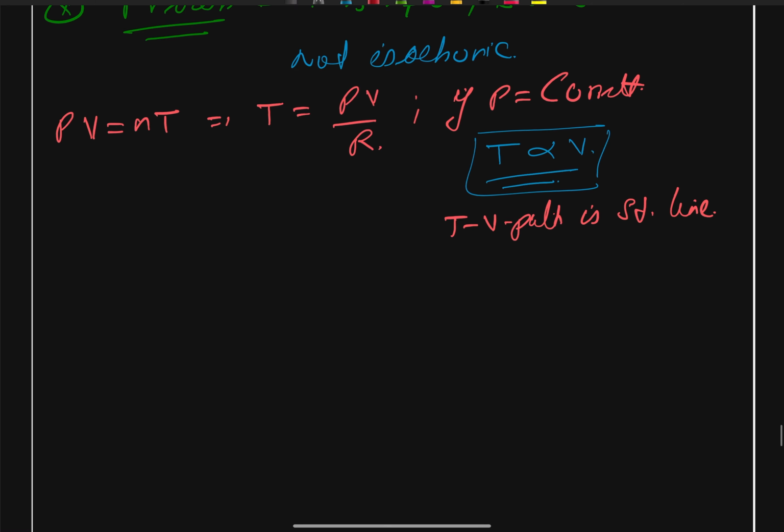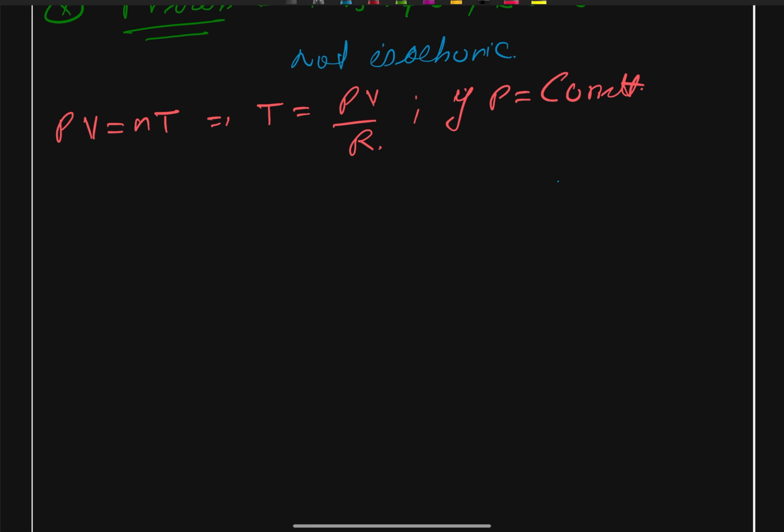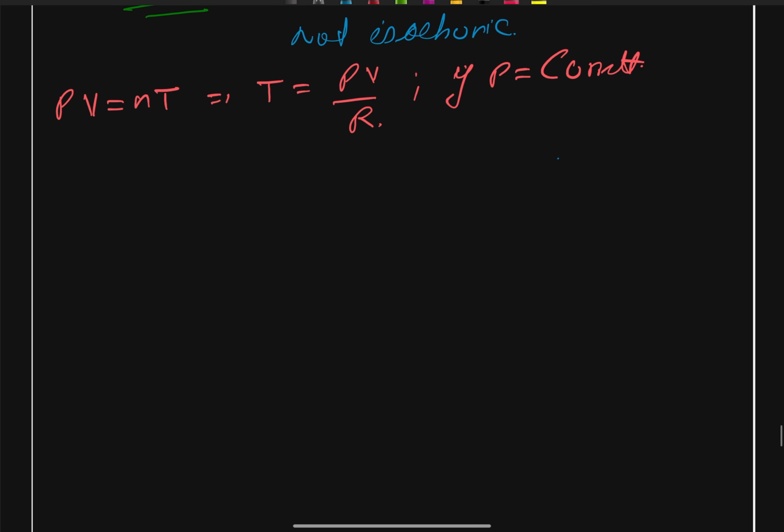Let me write it here. So if P is constant, then we can say our temperature is proportional to volume, or we can say that our TV path should be a straight line, which it is not.